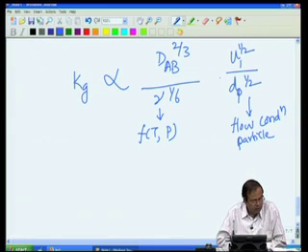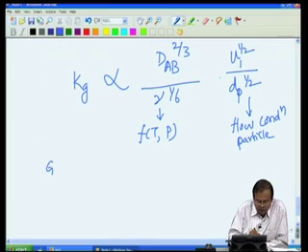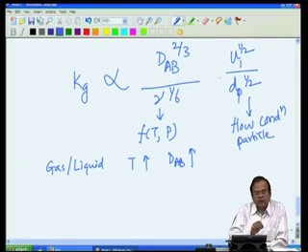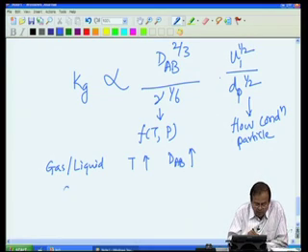So, for example, what happens for gases and liquids as we increase the temperature? As temperature increases, DAB increases, so the mass transfer coefficient will increase in value. However, what happens to kinematic viscosity?